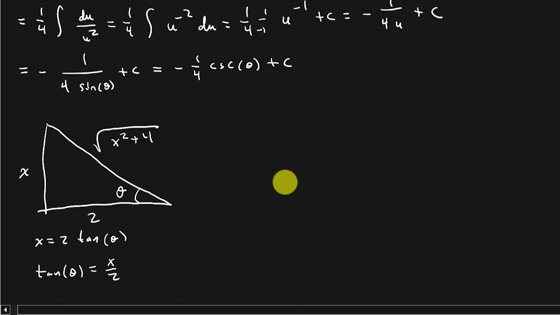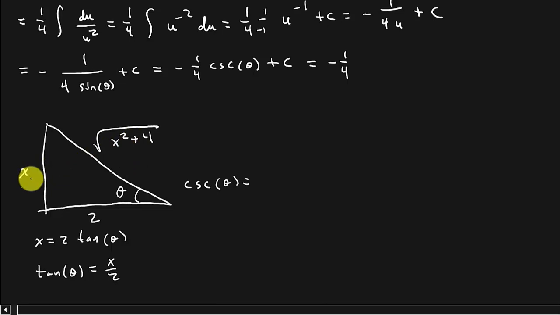All right. Now I need to know cosecant theta, because remember I've got to get everything back in terms of x. So that's negative 1/4, and then we have cosecant theta. Well, cosecant is the reciprocal of sine. We know sine is opposite over hypotenuse, and cosecant is the reciprocal of that.